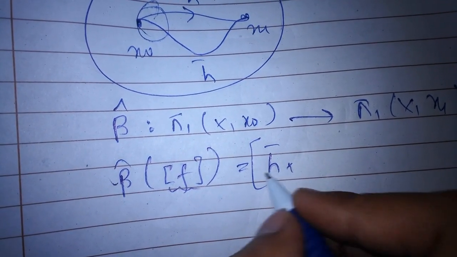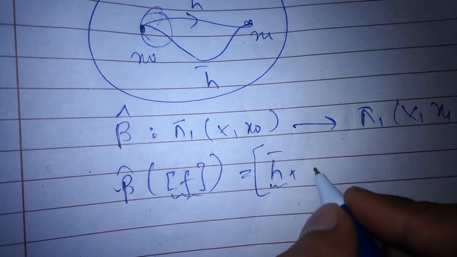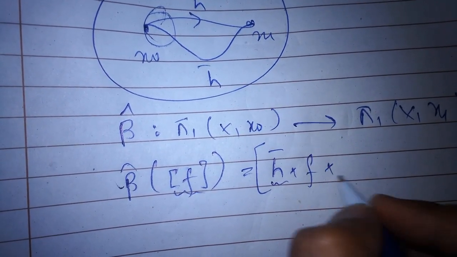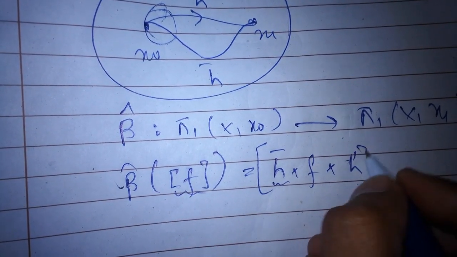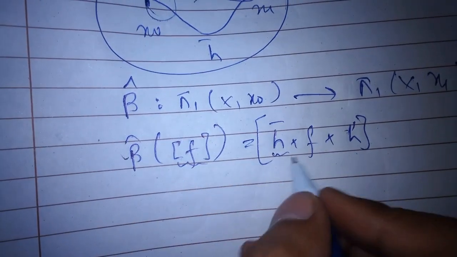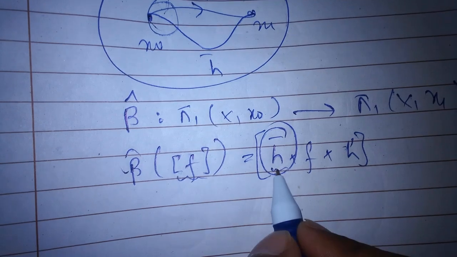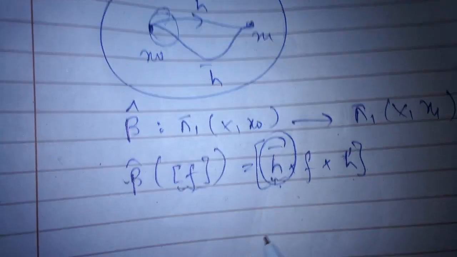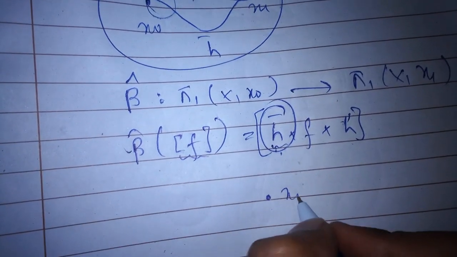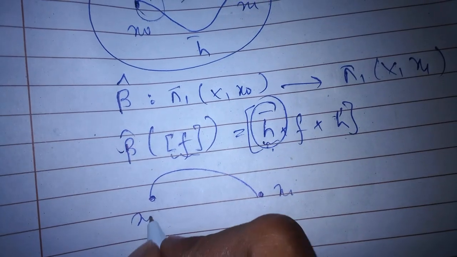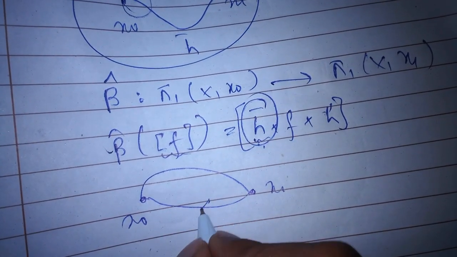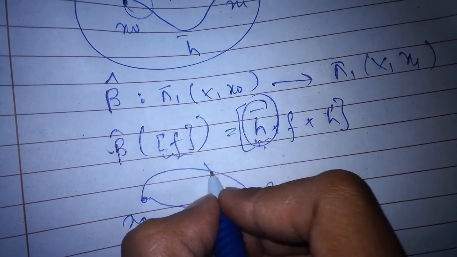The homotopy class of h bar concatenation f concatenation h means: first we apply h bar starting from x1, this is x1, this is x naught, this is h bar, and this is h.